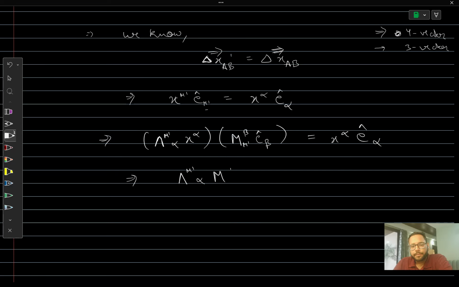Components can be commuted at any time, so I can write it like this. Just beta here. Leave the vacant place here and write mu prime here, and this is like this. Okay, so this is the thing.